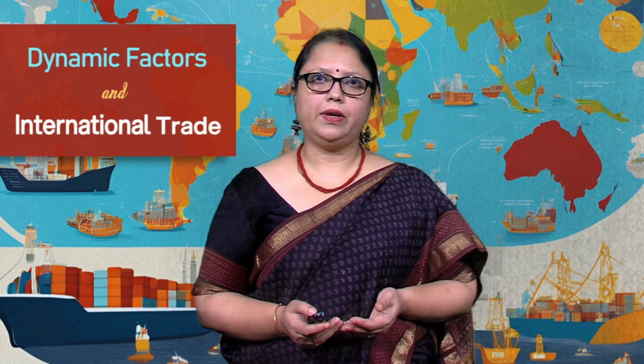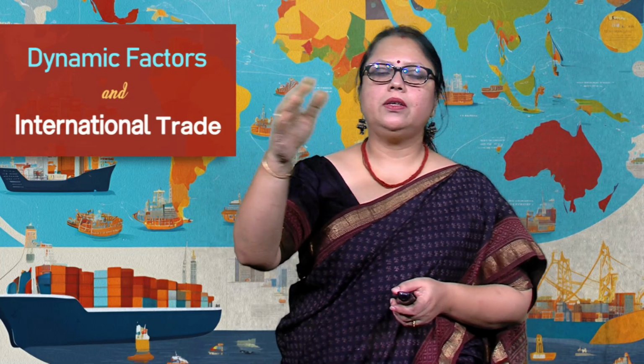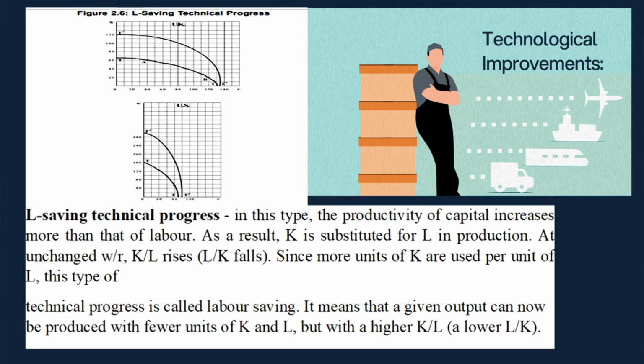For example, a machine that doubles cloth production in the US will shift the trade pattern. You can see from the diagram how this labor capital ratio changes the scenario. Then the second type of technological progress is labor saving technical progress.